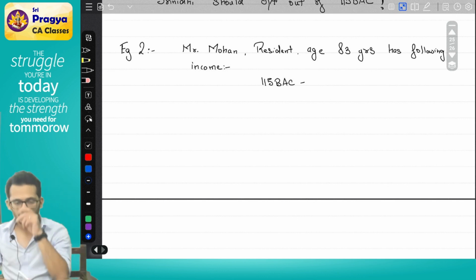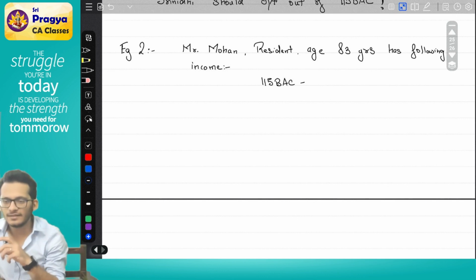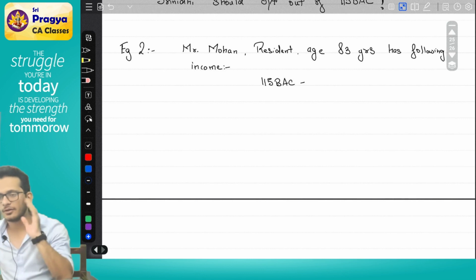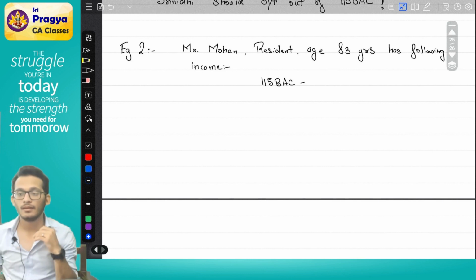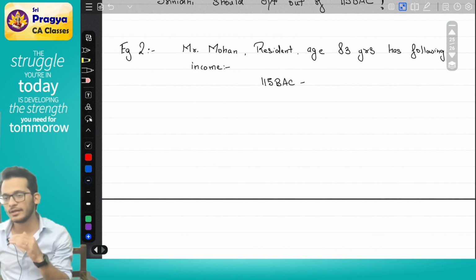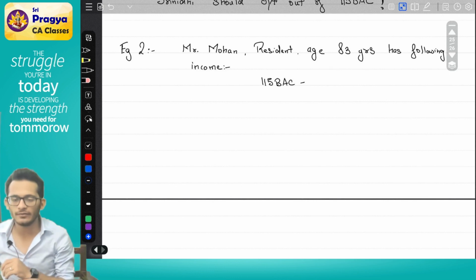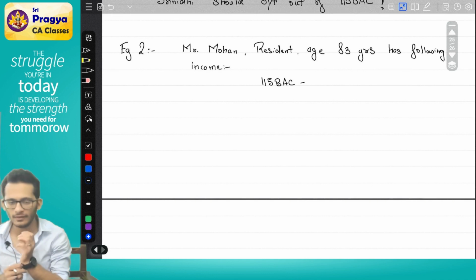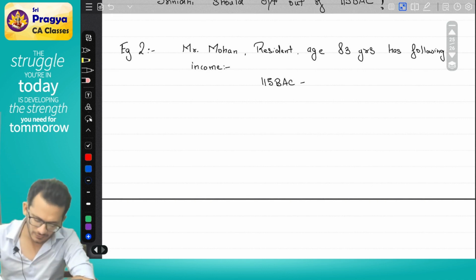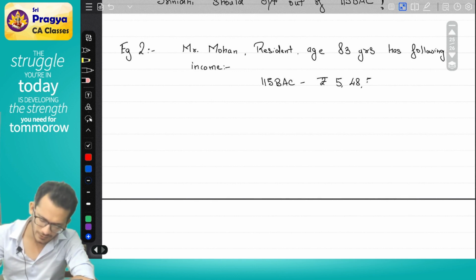Normally, will 115 BAC have higher income than alternate or lower income? It will always have the same or higher only. 115 BAC can never have lower income. So let's say 115 BAC income is 5 crores 48 lakhs 50,000.